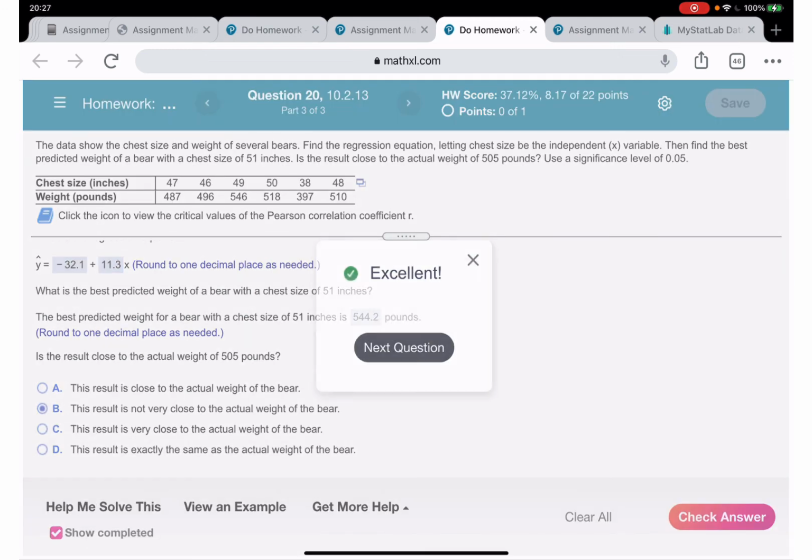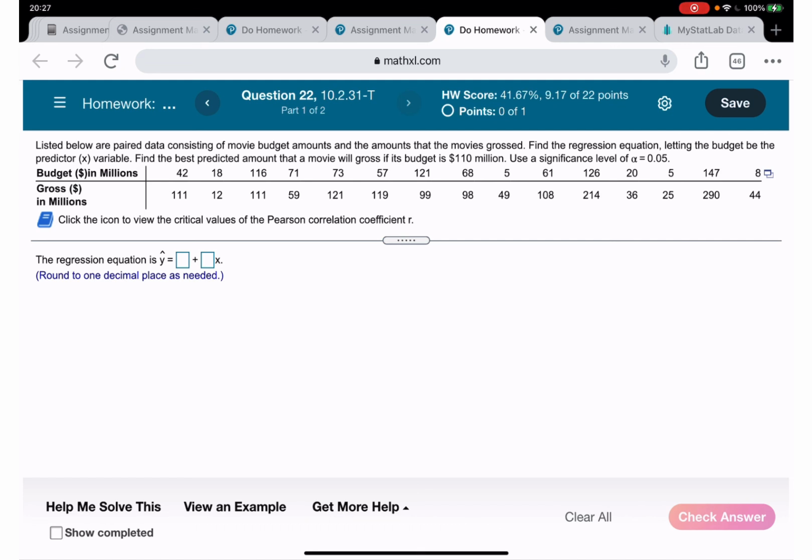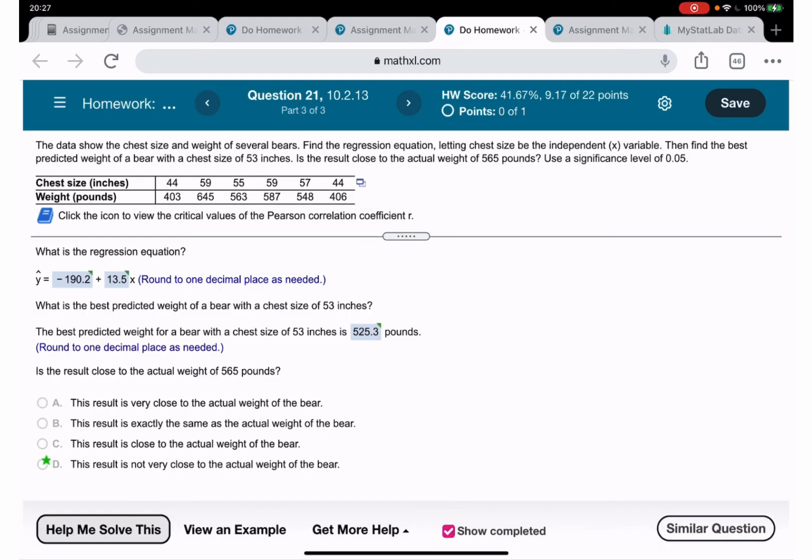Okay, number 21 is going to be the same thing, so you can do it, right? And moving to number 22. Let me open the answers for 21, so if you want to try to do it, you will get the answer. Okay, now 22.